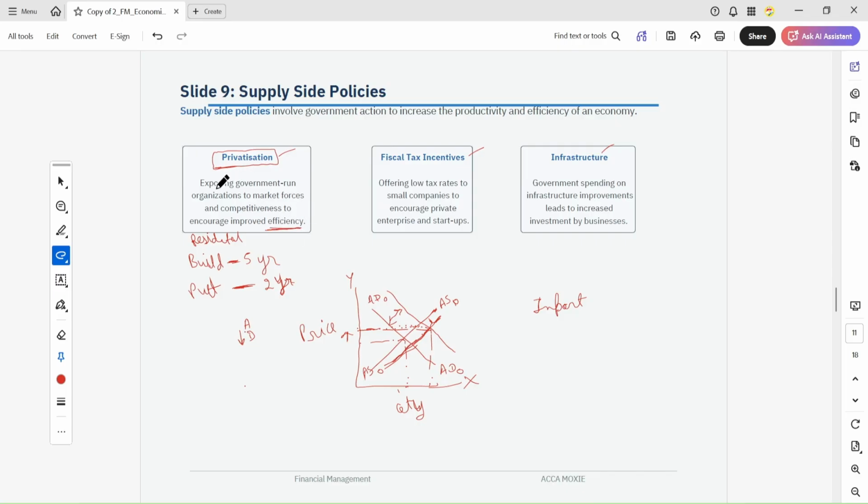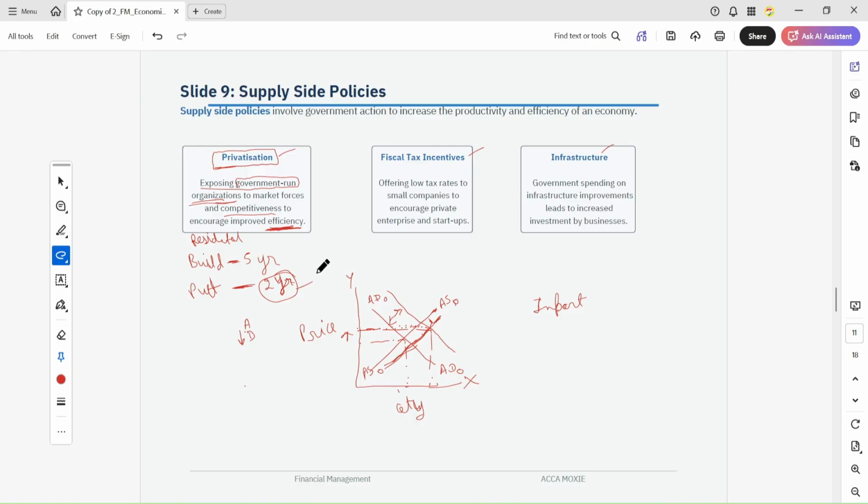So what happens? The government-run companies are now sold to private investors, private players. So when private companies buy the government-run organization, the competitiveness and the efficiency will increase, because they are now completing the building in two years instead of 5 years.